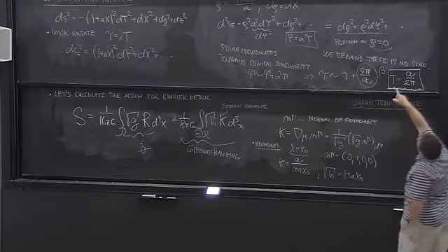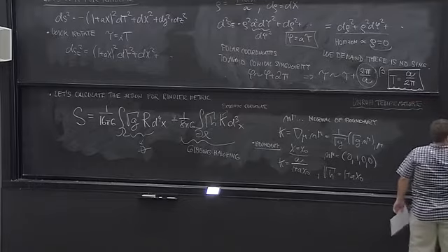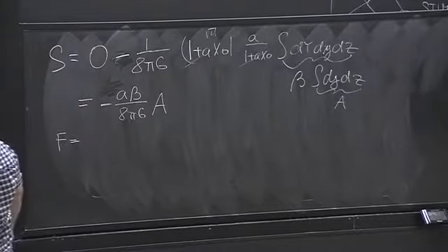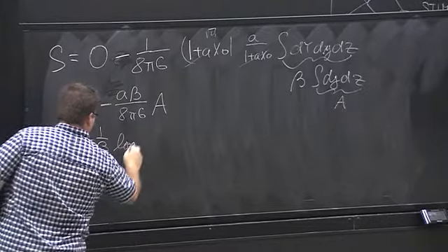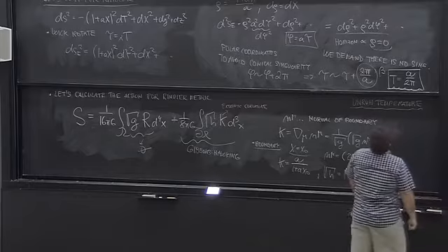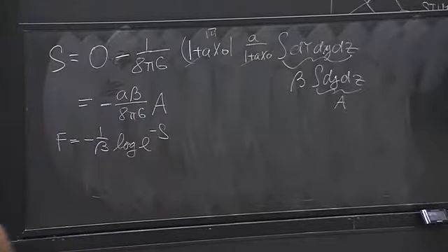So the next thing is I have to calculate the free energy. So the free energy is minus 1 over beta logarithm of Z, but as Z is e to the minus S, it's S over beta.